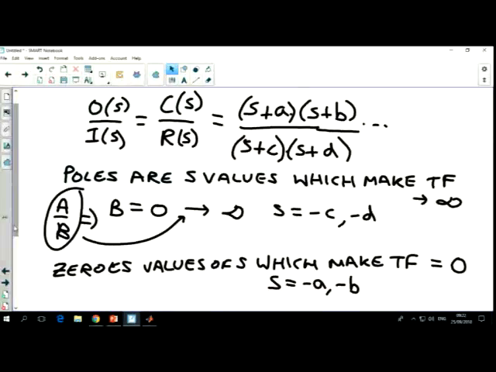And actually, this is more powerful than probably some other ways of working out what a system's going to do. Knowing the poles and zeros can give you a more accurate estimation.